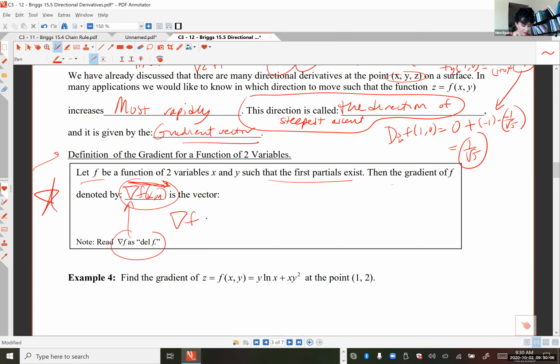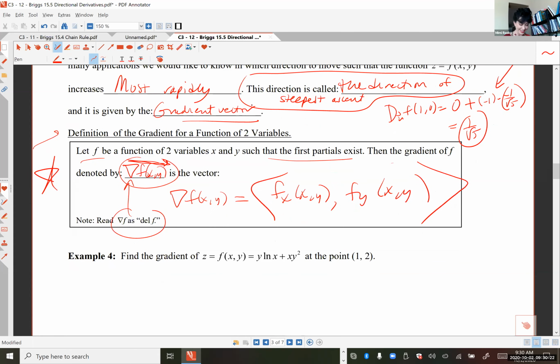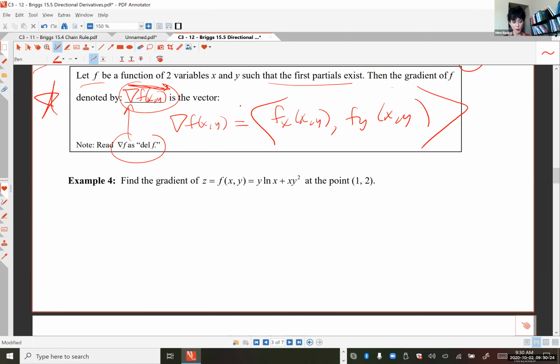So del f, which is a vector, is going to be a vector that simply has the partials of f as its components, and that's it. That's known as the gradient. Isn't that cool? Yeah, so what? Yes, it's super cool. So let's find a gradient, and then we'll use it for some stuff very soon.